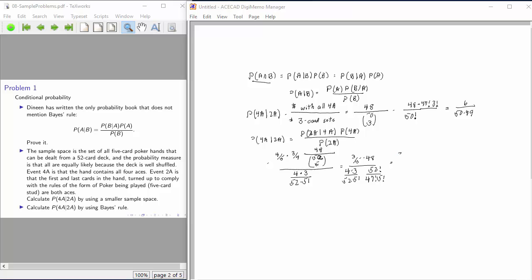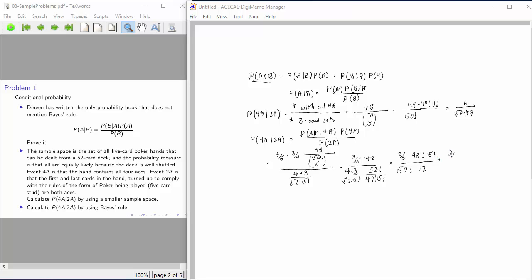So I've got 3/5 times 48 times 47 factorial, which is 48 factorial times 5 factorial, over, in the denominator, 52 factorial divided by 52 and 51 to get 50 factorial times 12.